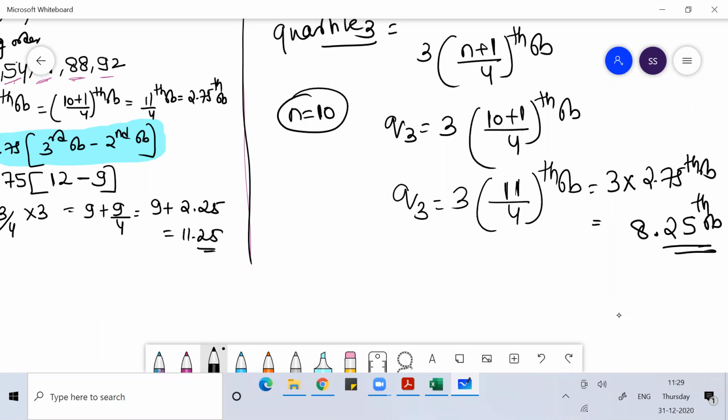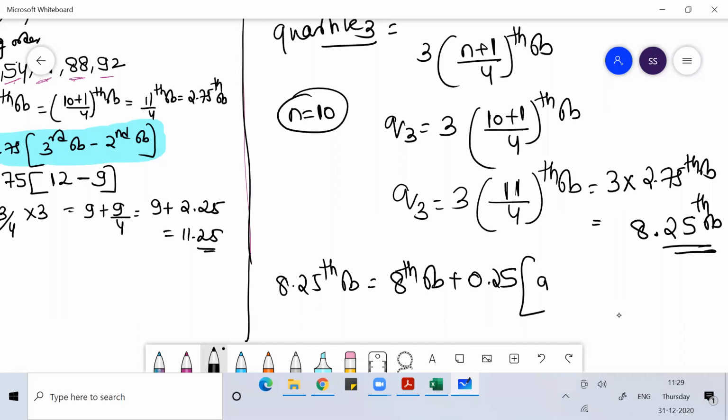So quartile 3 is the 8.25th observation. What does the 8.25th observation mean? It means the 8th observation plus 0.25 into (ninth observation minus 8th observation).